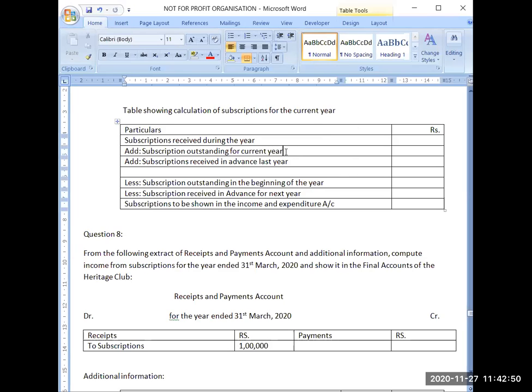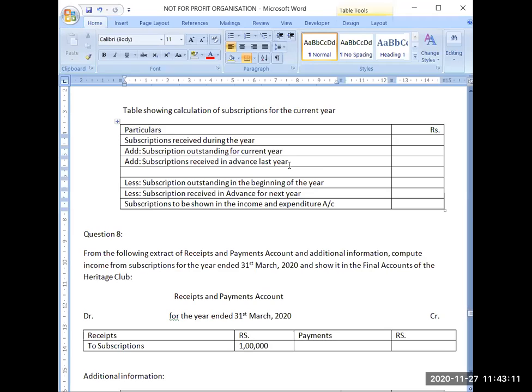Then outstanding subscription for the current year is current year asset, and outstanding subscription for the last year is last year asset. Then similarly, we have received some subscription in advance last year, and obviously it will belong to the current year.